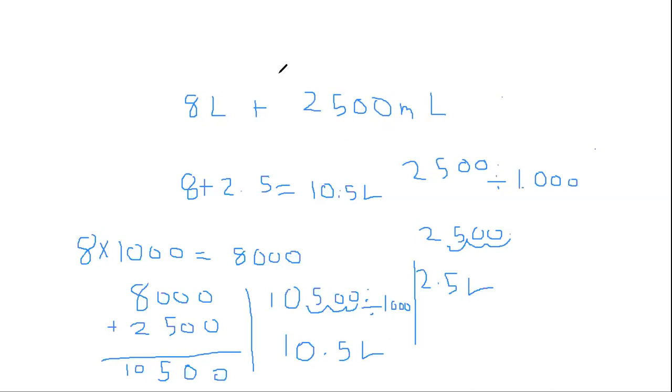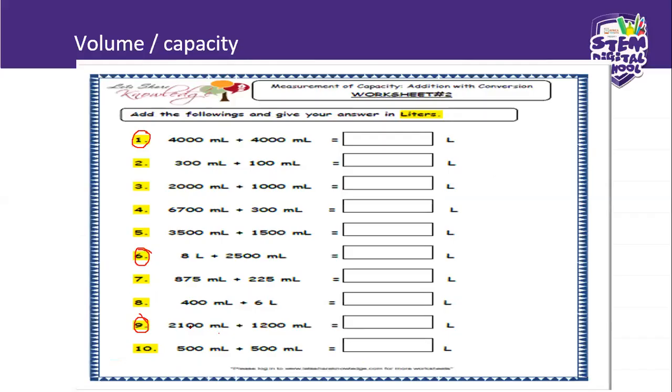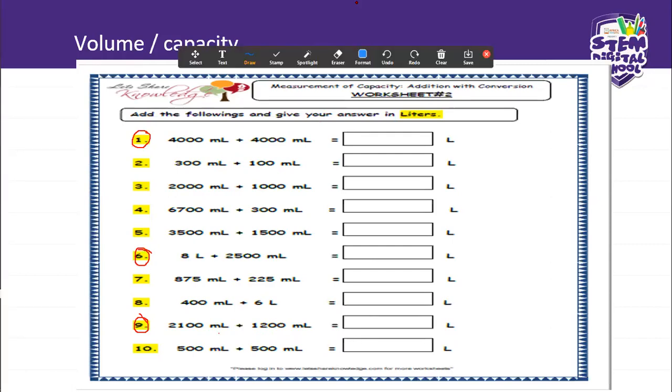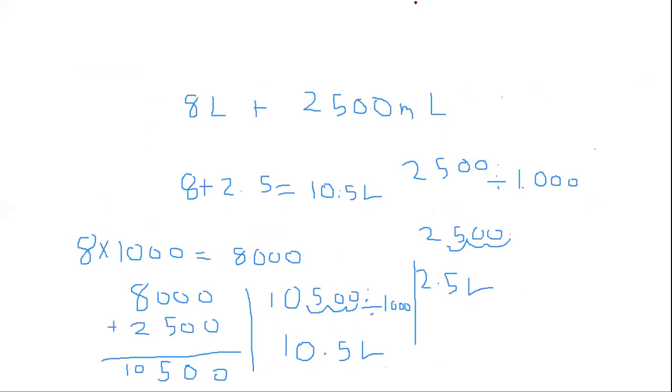Right. Let's do the last question. The last question. 2,100 milliliters plus 1,200 milliliters. I'll do this one in a much quicker way. So I can go directly to the homework.